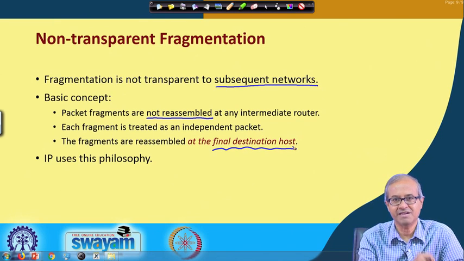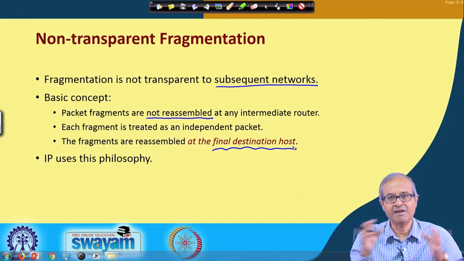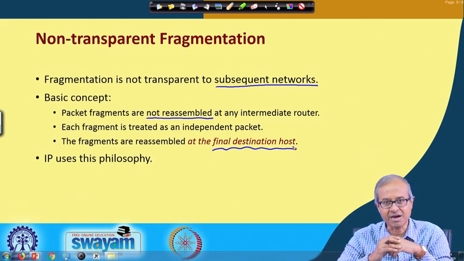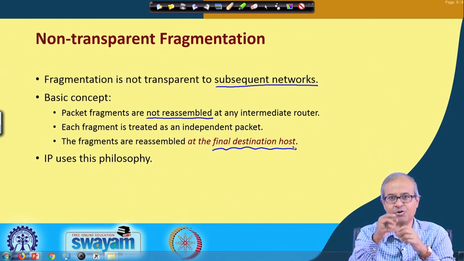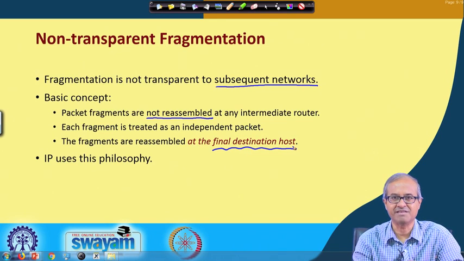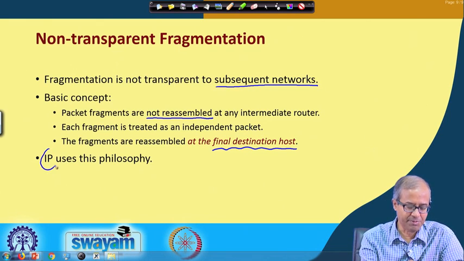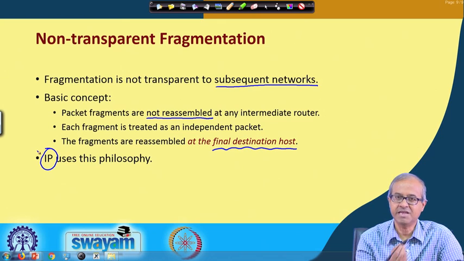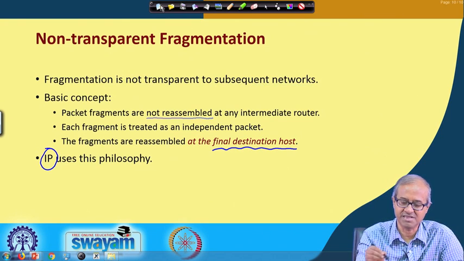Suppose I am sending the packet to your computer. Finally, all the fragments will come to the IP layer of your computer, and that is where these fragments will get assembled again. Okay? This is how non-transparent fragmentation works, and as I said, the IP protocol in TCP/IP follows non-transparent fragmentation.